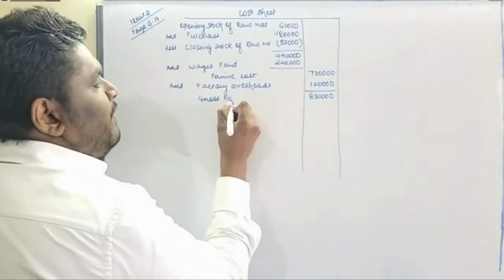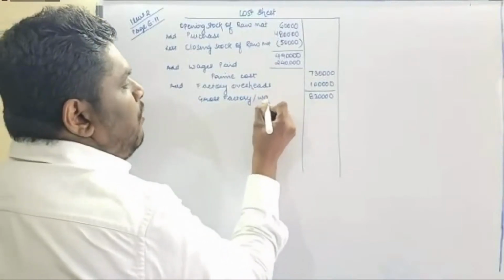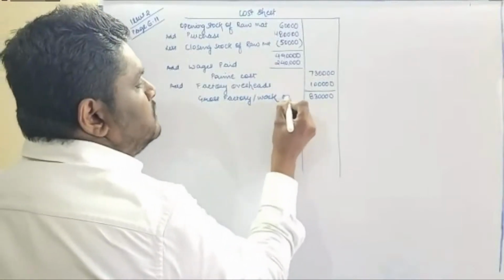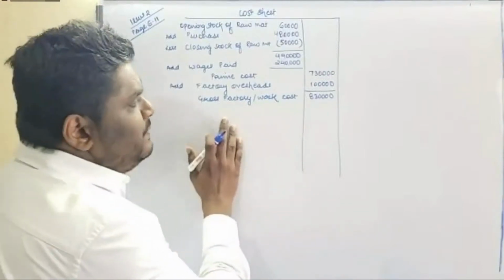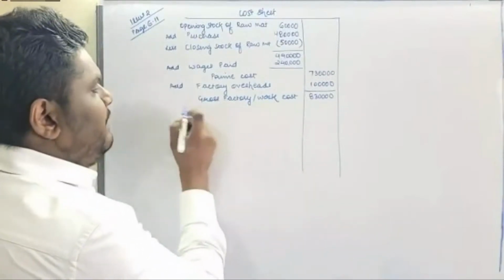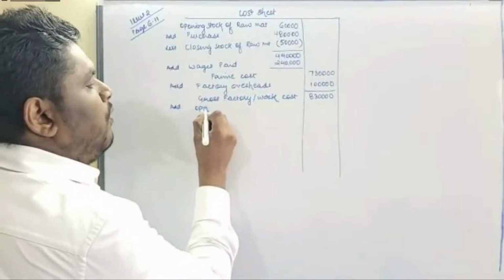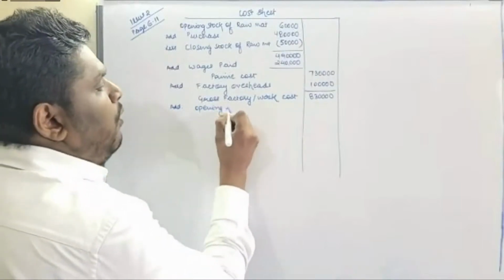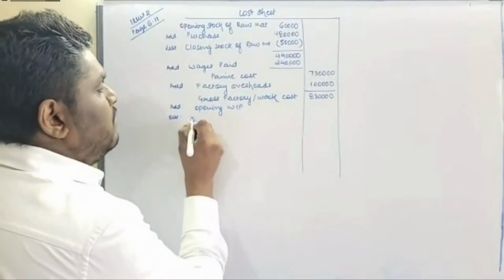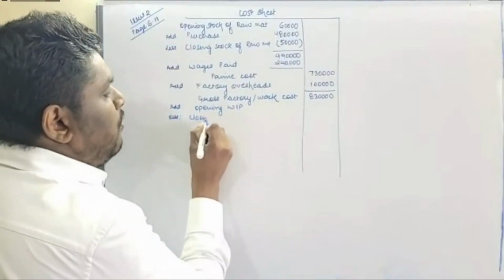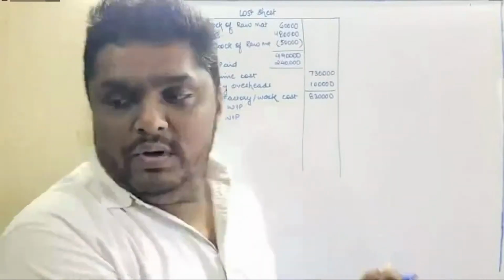gross factory cost, gross work cost. In this, we will make adjustments of opening and closing work in progress. So add opening work in progress and subtract closing work in progress.